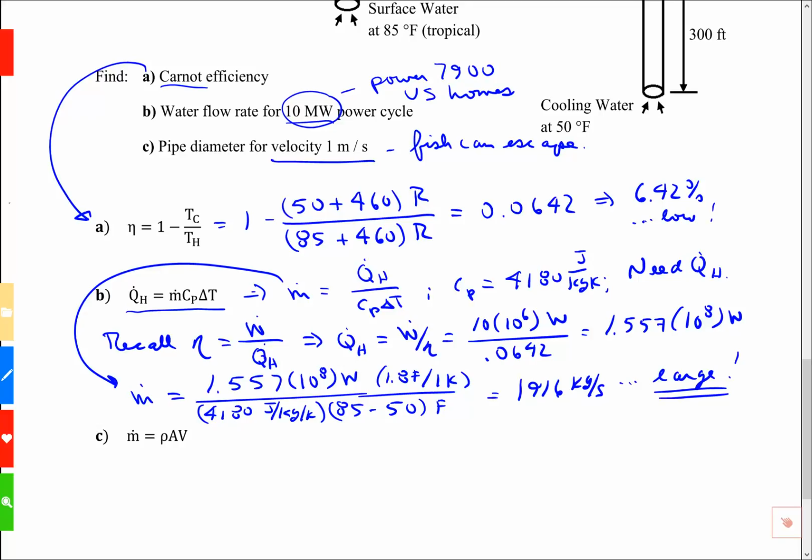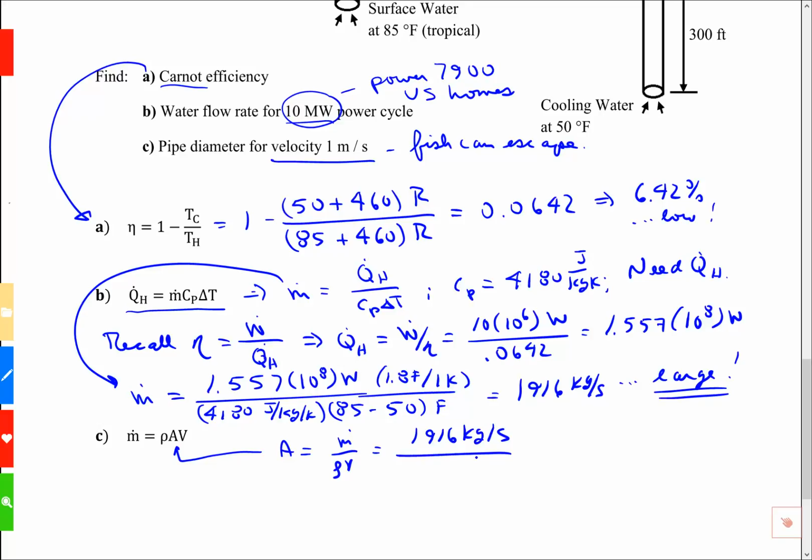All right, the pipe size is hidden in here. That takes care of part B. The pipe size: mass flow rate of water is equal to density times area times velocity. The pipe is hidden in there. Let's find the area as m dot divided by density divided by velocity. I've got my mass flow rate is 1916 kilograms per second.